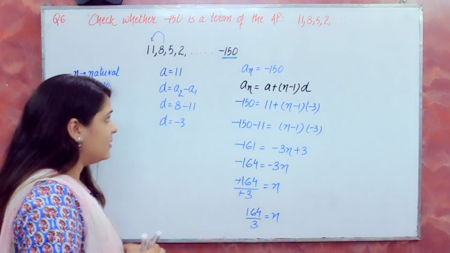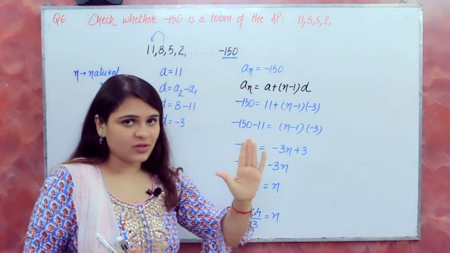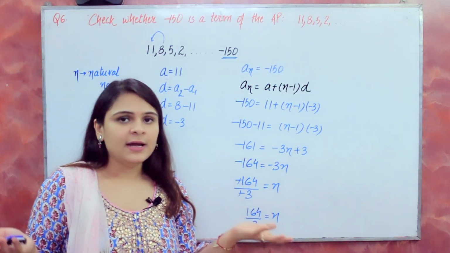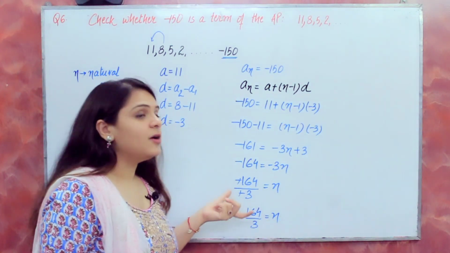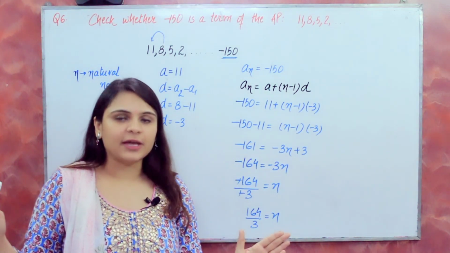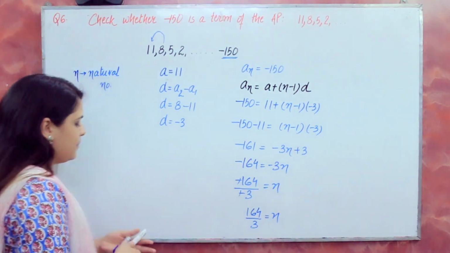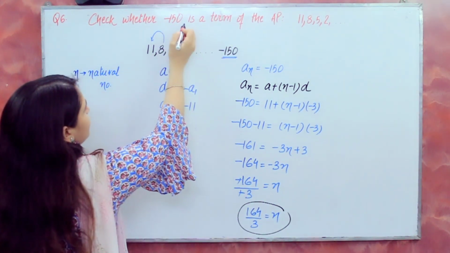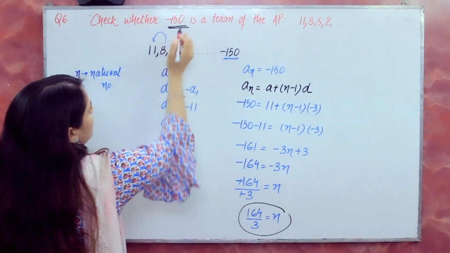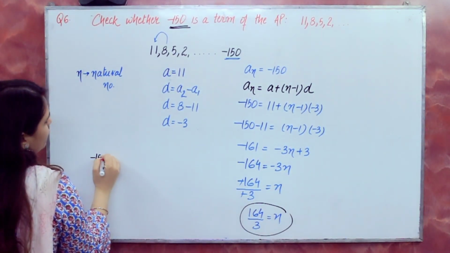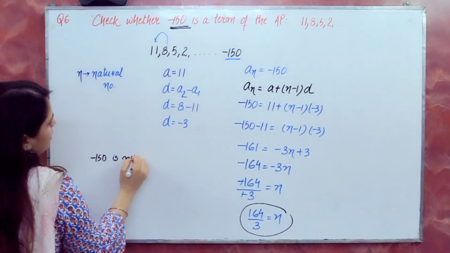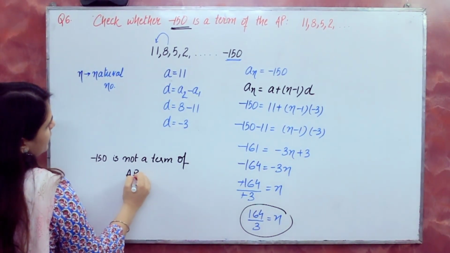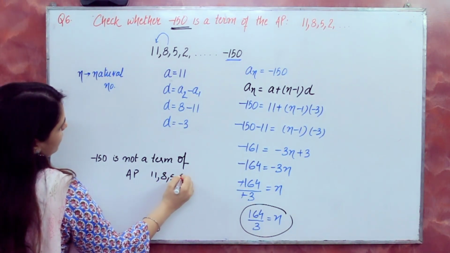It means this term will not exist in this arithmetic progression, and the reason is that n is not a natural number, it's a fraction, and our number of terms cannot be a fraction. So this term will not exist in this AP. So you can write at the end: minus 150 is not a term of the AP 11, 8, 5 and 2.